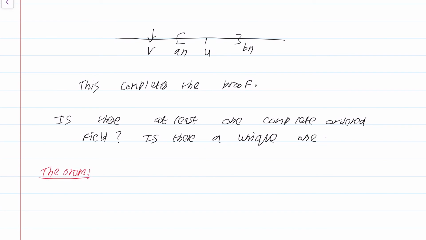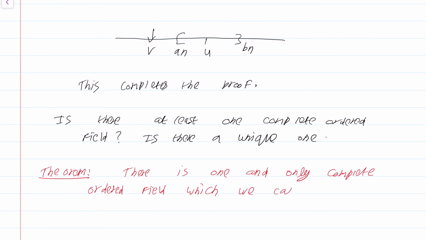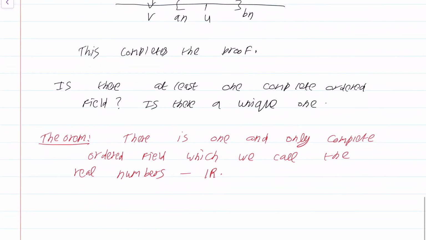There is one and only one complete ordered field, which we call the real numbers, R. When I say one and only, I must be precise: up to isomorphism.